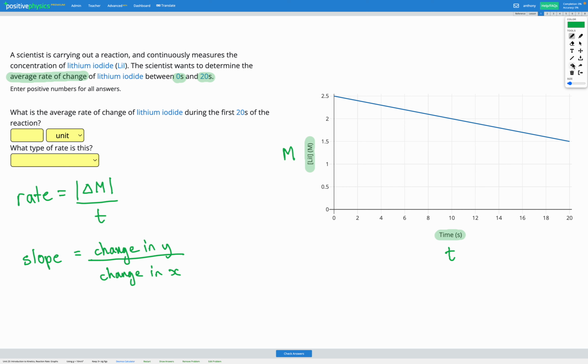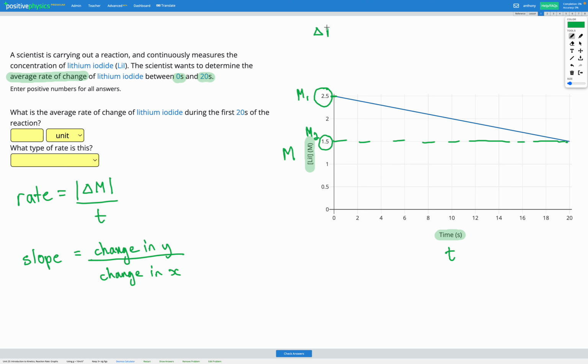If we wanted to use the equation, we would have a look at our initial and final molarity. We can see here our initial molarity is 2.5. Our final molarity here is 1.5. So that would be our M1 and our M2.